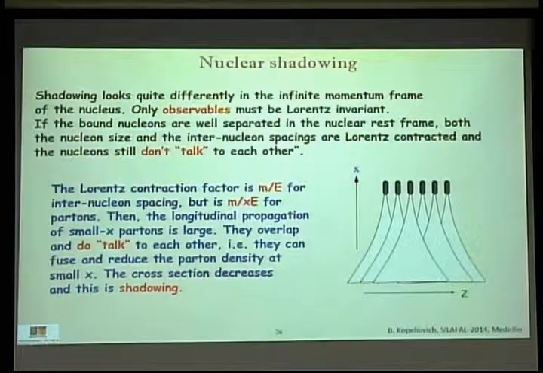However, as I said, the parton cloud of these nucleons is not Lorentz invariant. The parton density rises with increasing energy, and the Lorentz factor for partons at small x is quite different from nucleon mass over energy for the large x region. Here is x in this cartoon.